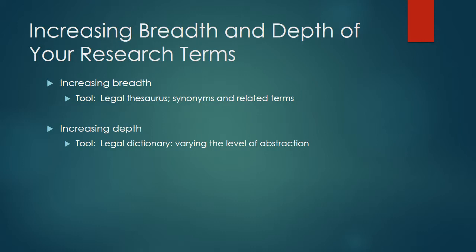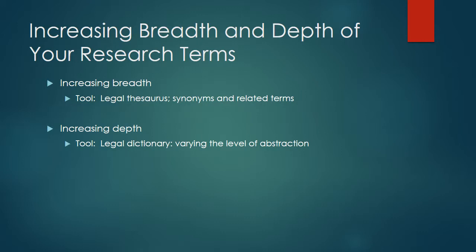So as noted in a previous lecture, we're looking for analogous on-point cases in our efforts to research case law, so we can ask the court to apply or not apply the same principles, which is stare decisis or precedent. So the main idea here is that increasing breadth and depth will help you to find more, and then in the next chapter we'll learn that you find more and you filter out what you need from the larger results.